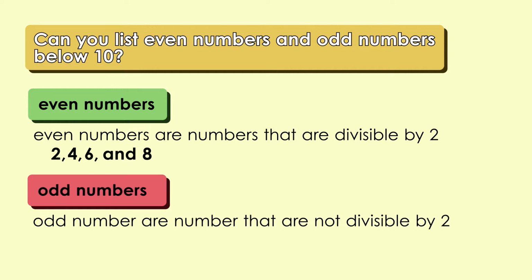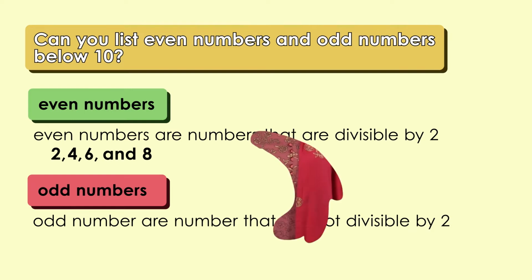Odd numbers are numbers that are not divisible by 2. Any integer that cannot be divided exactly by 2 is an odd number. It cannot be divided into 2 separate integers evenly. If we divide an odd number by 2, then it will leave a remainder.